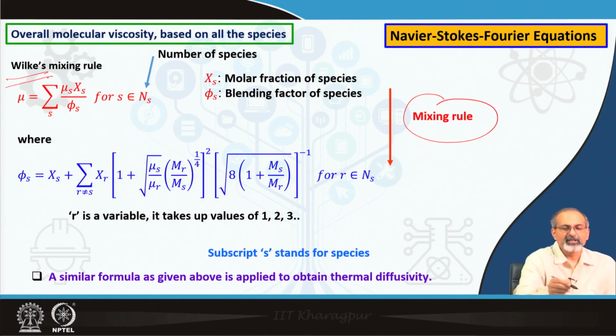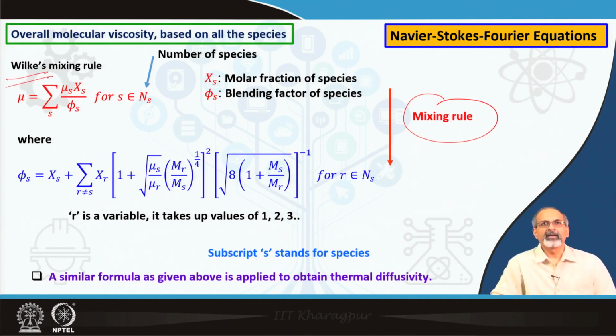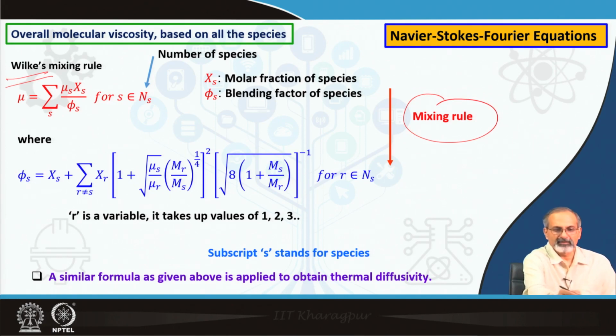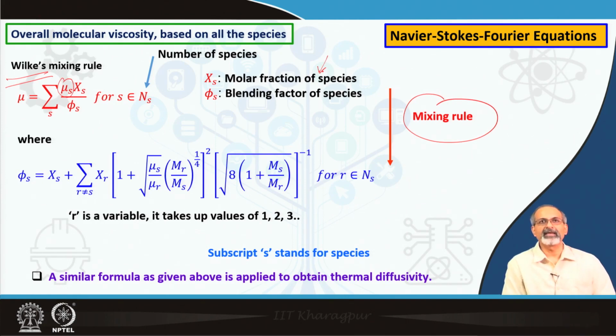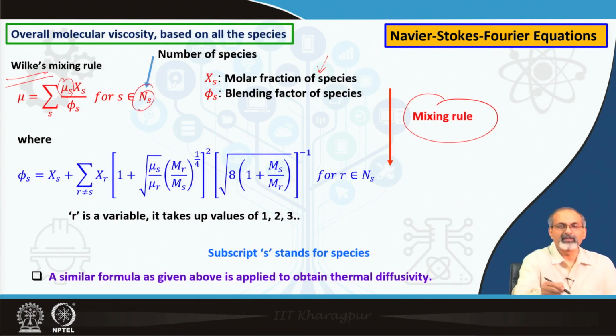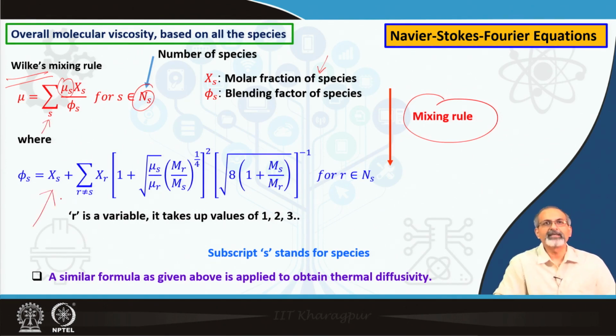We make use of the Wilke mixing rule, and there we see that the mu s that you have already calculated earlier is multiplied with the molar fraction of the species s and divided by a blending factor corresponding to those species, and it applies to all the ns number of species. The summation is done over all the species, and then you have the expression for phi s, which is showing up in the denominator of the summation.